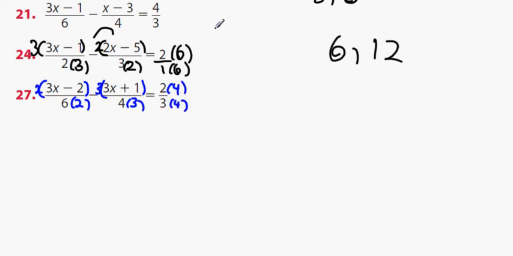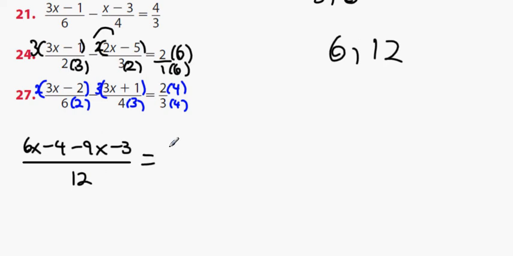And what we're going to get is 6x minus 4 minus 9x minus 3 all over 12 equals 8 over 12.